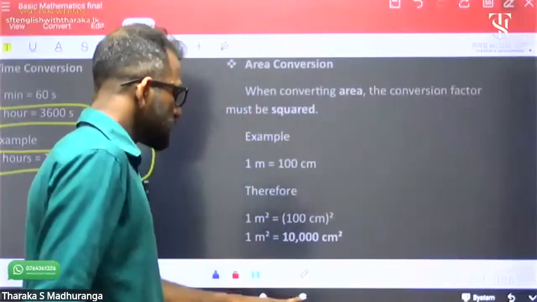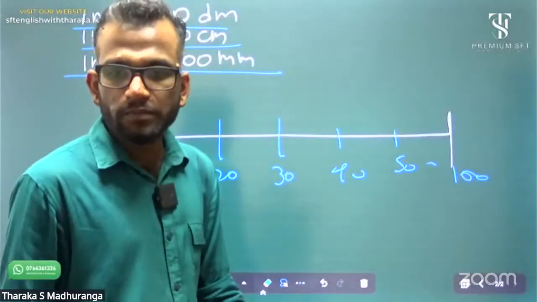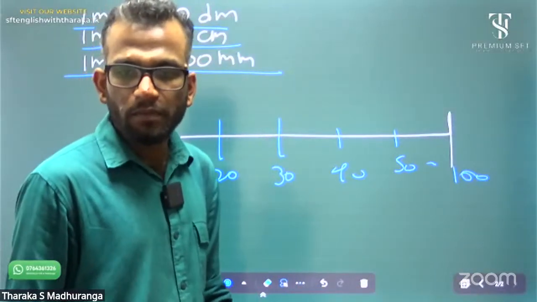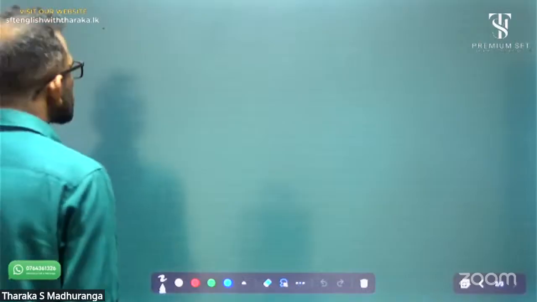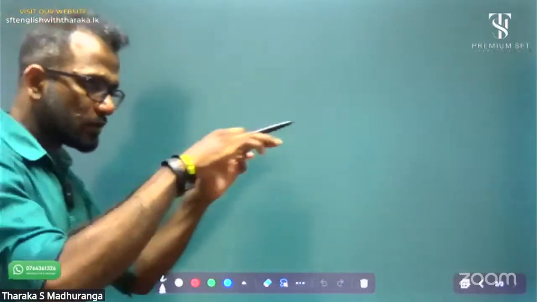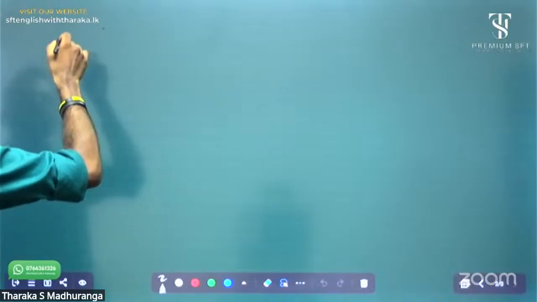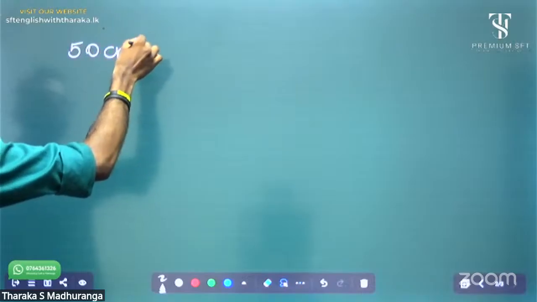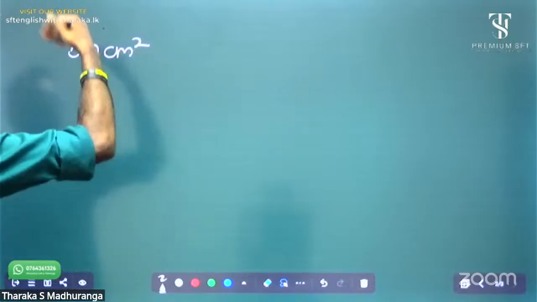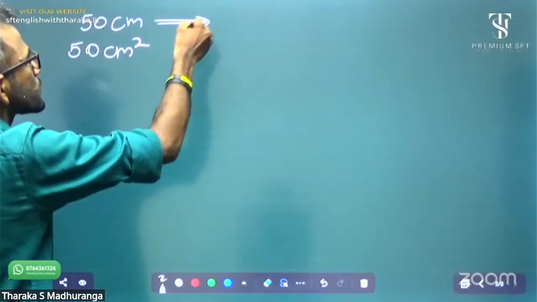Now I'm going to take the area of any square or any object, the cross section area or surface area. The value was 50 square centimeter. Before that, let's do this. 50 centimeters, how do you convert into meters?